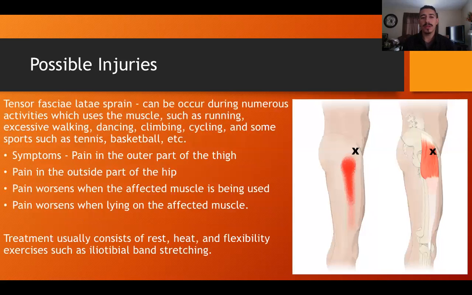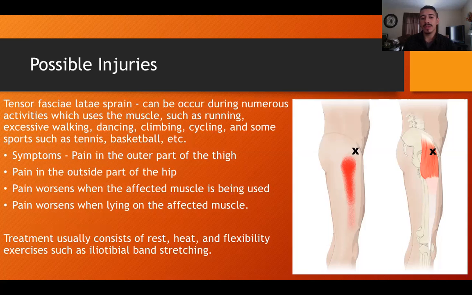Okay, for possible injuries, we have a tensor fasciae latae sprain. This can occur during numerous activities which use the muscle, such as running, excessive walking, dancing, climbing, cycling, and some sports such as tennis, basketball, etc. Symptoms include pain in the outer part of the thigh and pain on the outside part of the hip.